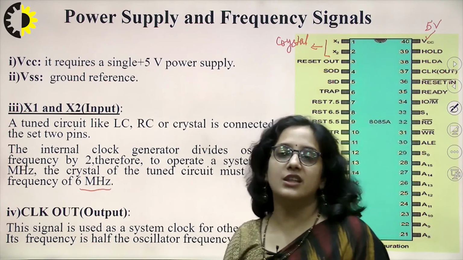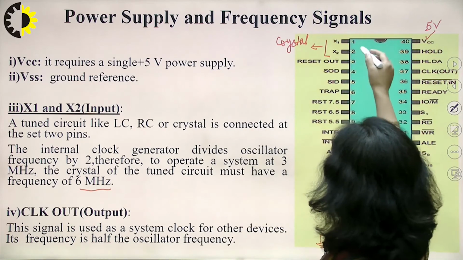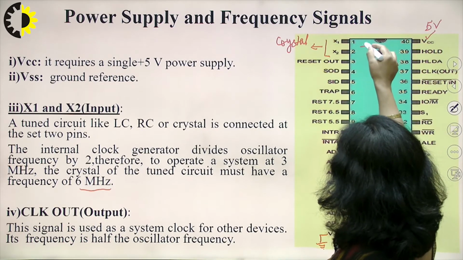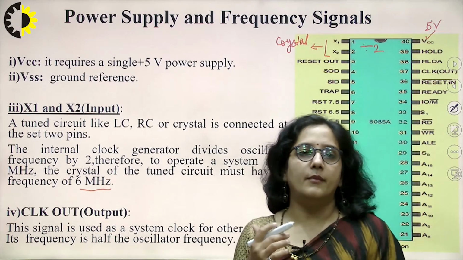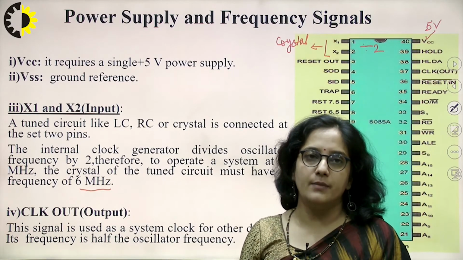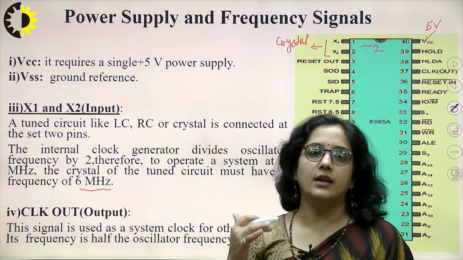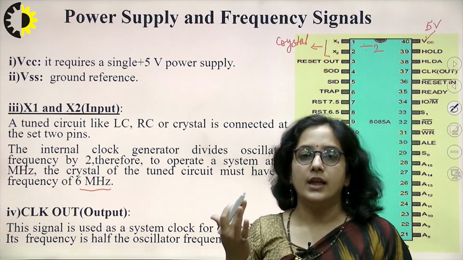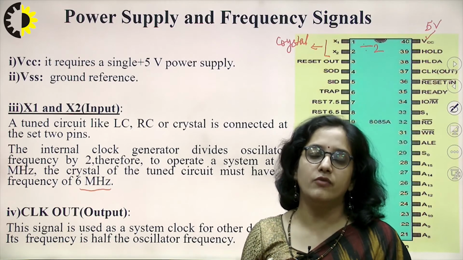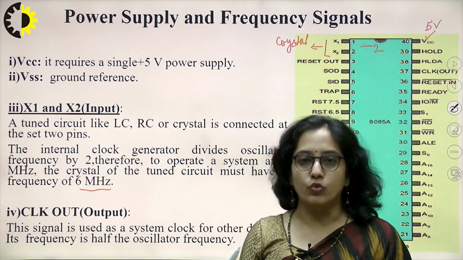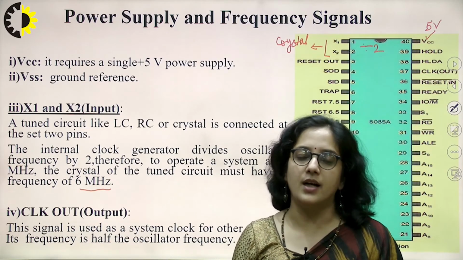Why are we using 6 megahertz? Because in 8085, after pins 1 and 2, there is a frequency divider. Whatever signal is available between pins 1 and 2 is given to the frequency divider circuitry, and that circuitry will divide the frequency by 2, and then we get a 3 megahertz signal.